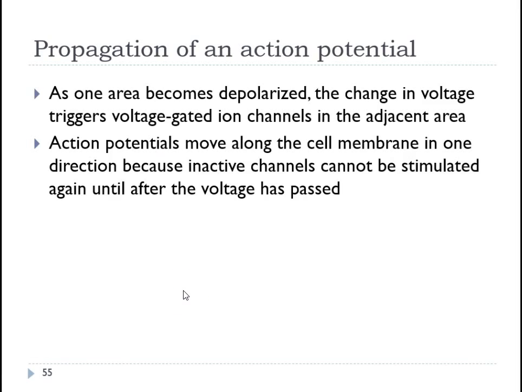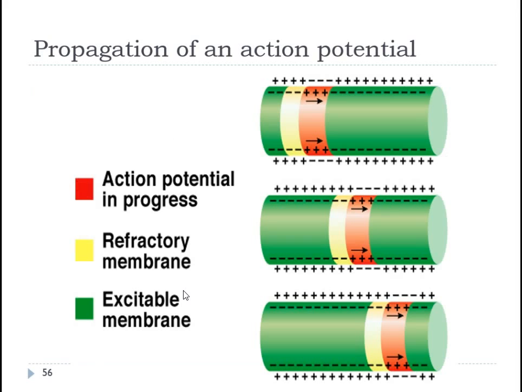So as one area becomes depolarized, the voltage will move from one area to the next, remember like in that picture we saw, and that voltage change is going to be passed from area of the axon to area of the axon until eventually we get to the dendrites. So here we see the picture.